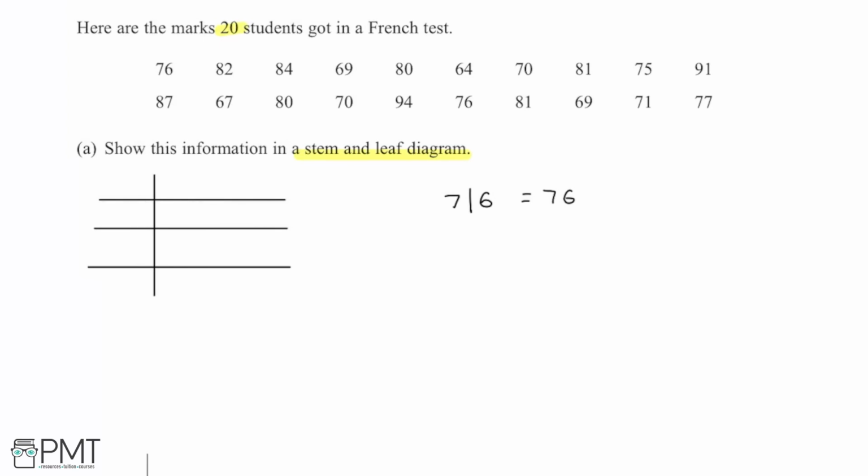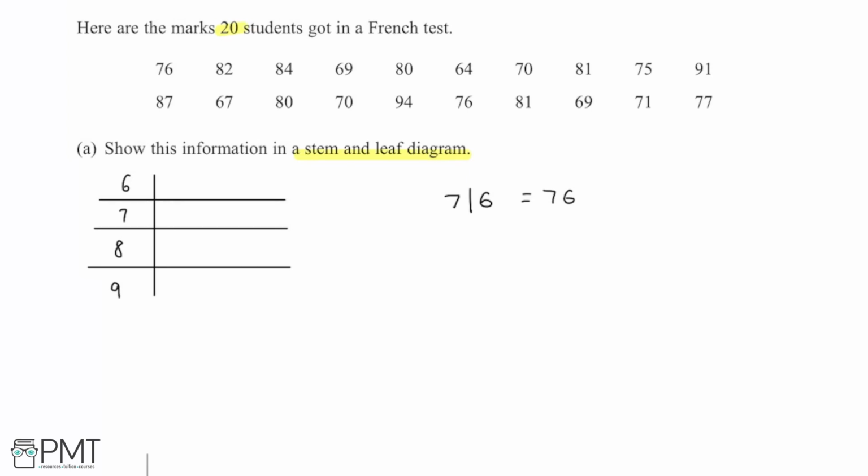Now I'm going to start off by doing an unordered stem and leaf diagram because it makes it easier to begin with, as we need to look through all of the data and write it into the table. Looking at the tens, I can see the range from the 60s to the 70s, the 80s and the 90s, so in the tens column I'm going to write 6, 7, 8 and 9.